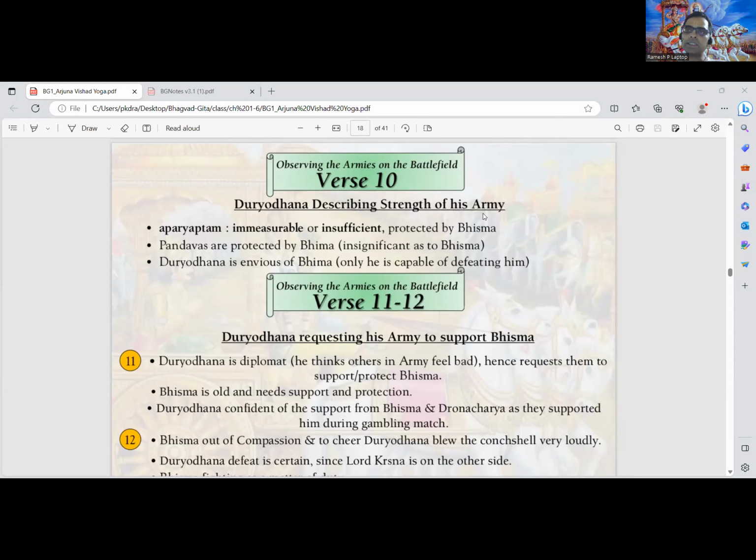On the Kaurava side, everyone started blowing their conch shells and trumpets. There are different types of devices used during the war, and everything was blown at full strength from the Kaurava side. That was from Duryodhana's side.